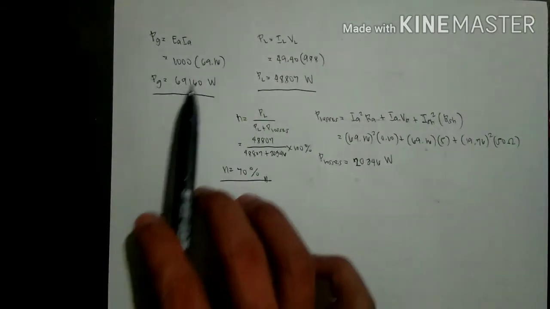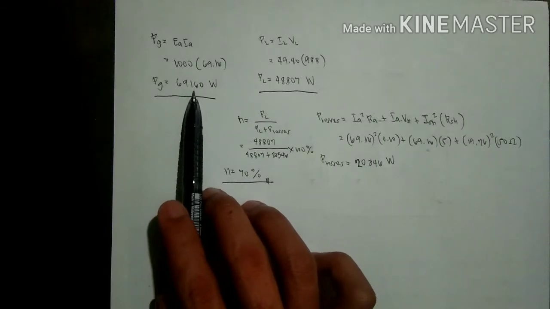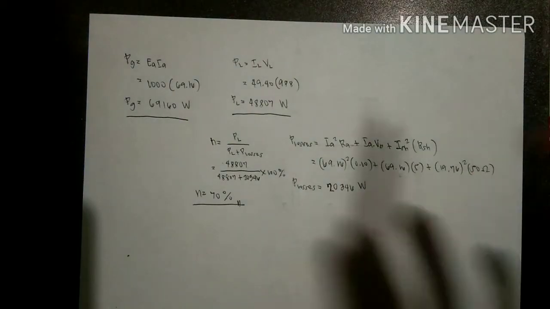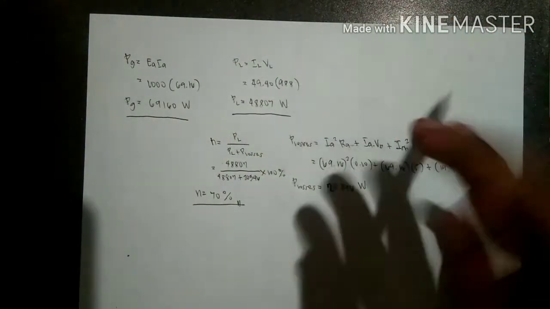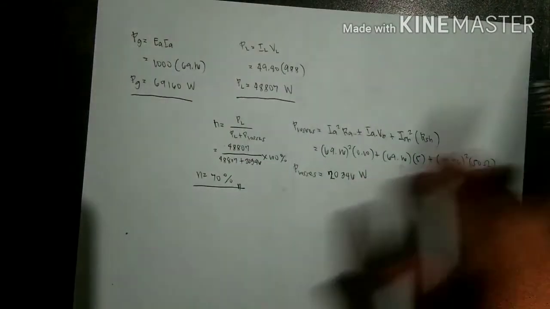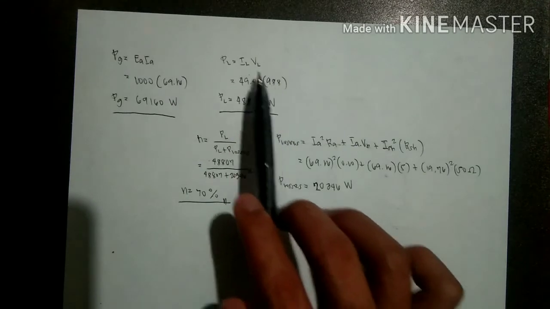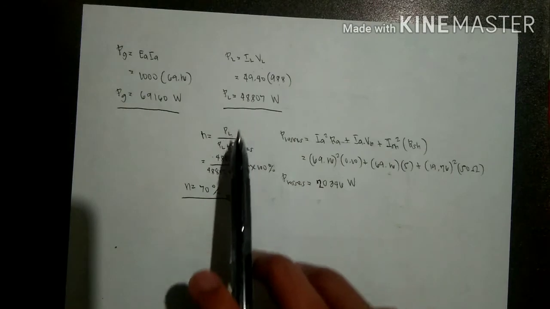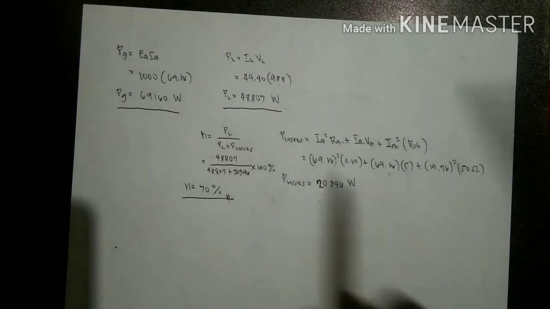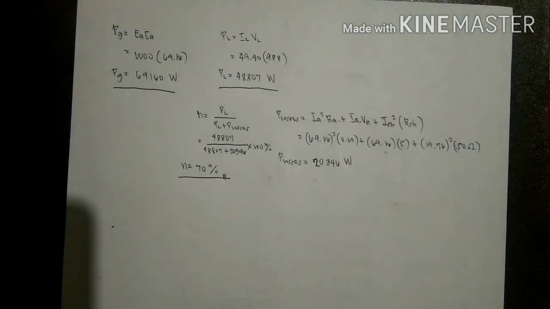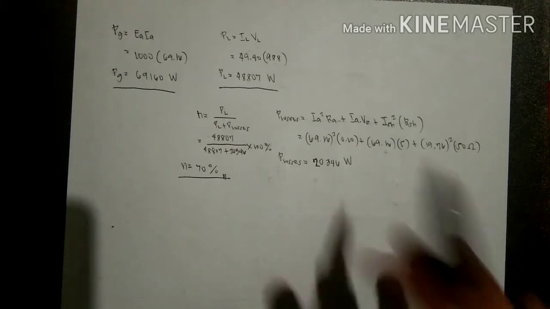The power generated is 69,160 watts. Then we can also get the power delivered by our generator: IL, which is 49.40, times the VL, which is 988. The result is 48,807 watts.